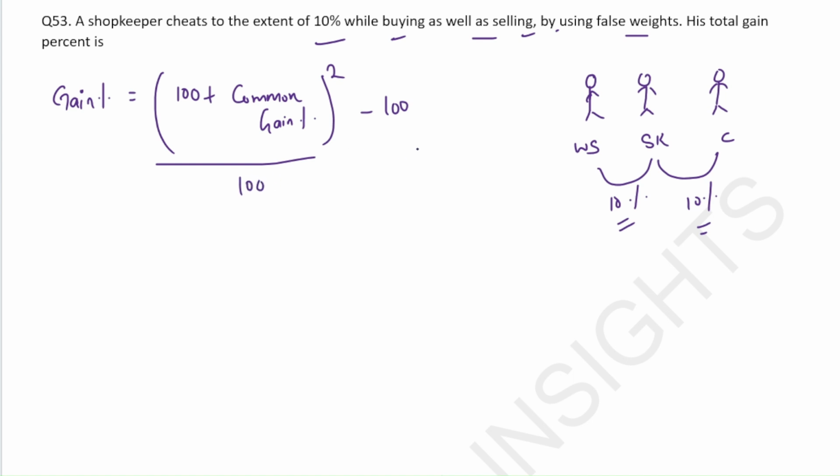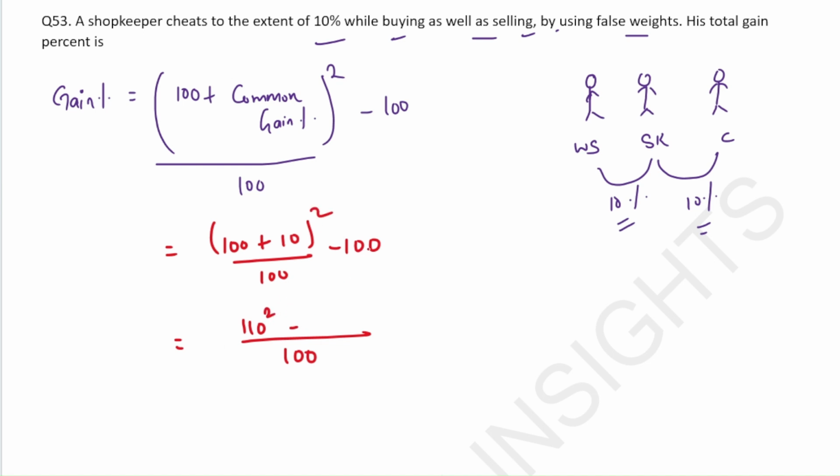So with this formula, you'll be able to solve this type of question. So when you get questions like this, just apply this formula. So according to this question, common gain is how much? 10%, right? (110 by 100) whole square minus 100. So if you do LCM, this will be 100, right? So this one will be 110 square minus, if you do LCM, 100 into 100 will give you how many? 100 into 100 will give you 100 square, right?